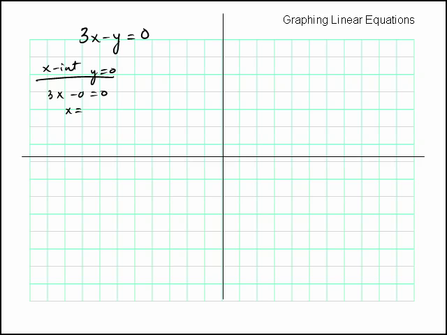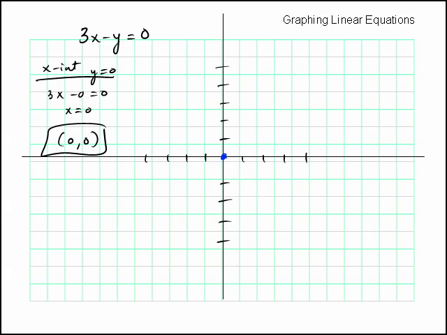X is 0. So this line goes through (0, 0). Right there. Now if I try to find the y-intercept, I would just get (0, 0) again, because this is actually the x and the y-intercept at the same time. So that won't do me any good.